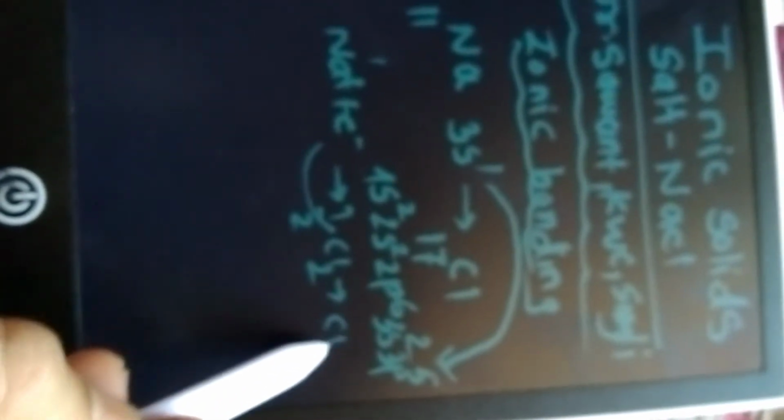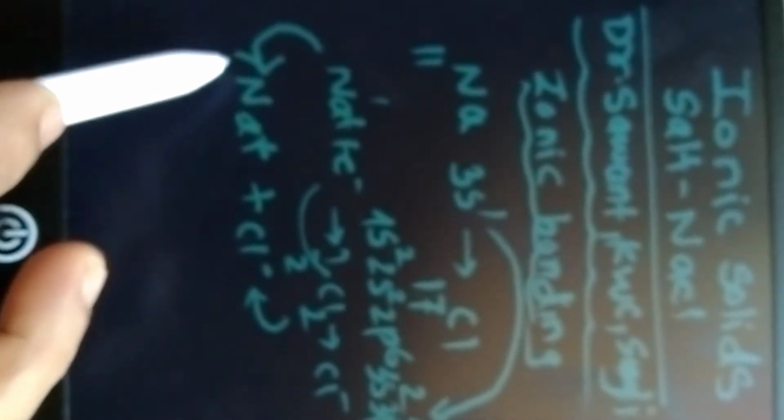So sodium forms Na+ by releasing an electron, and that released electron is gained by half Cl2, meaning chlorine, to form Cl-. Here the Na+ cation, with very low ionization energy, combines with the chloride ion, which has high electron affinity.